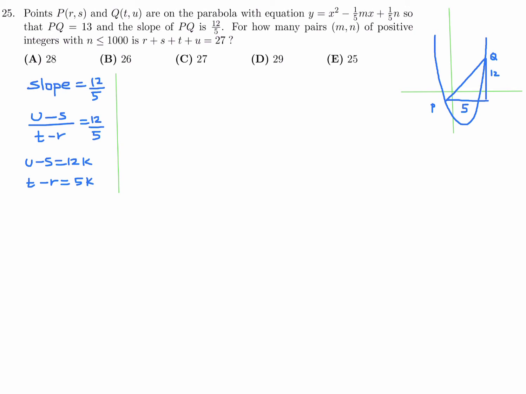Now the next piece of information is that the distance between P and Q is 13.